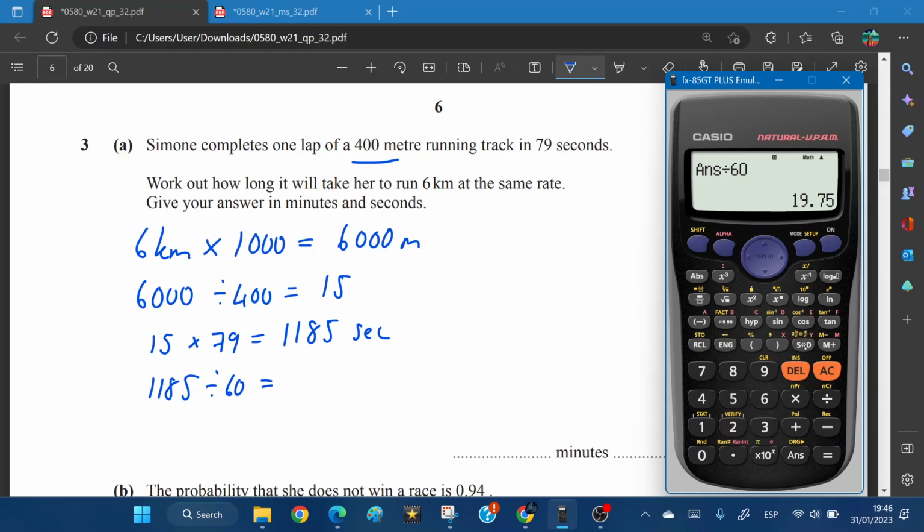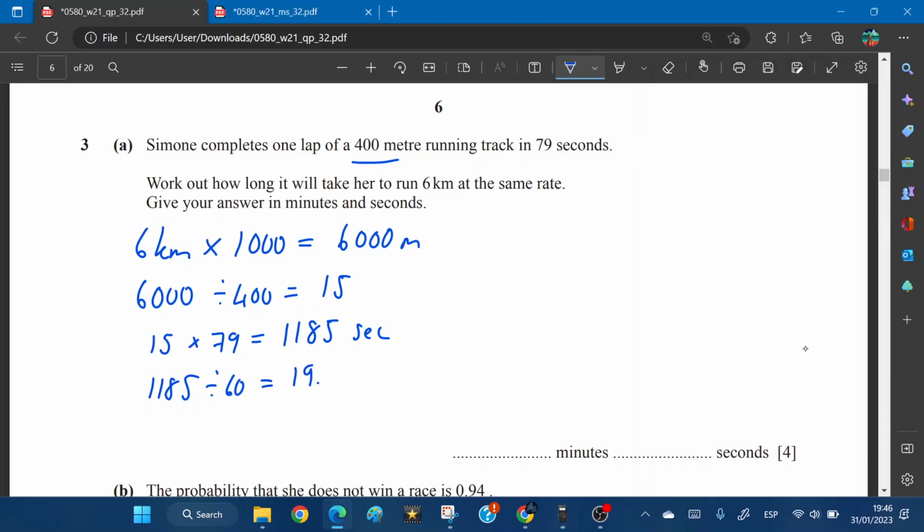That will give us 19.75 minutes. 19 minutes, that makes sense, but 75 seconds, no, that doesn't make sense. Don't let this confuse you. There's two things we can do. We've got the 19 minutes.